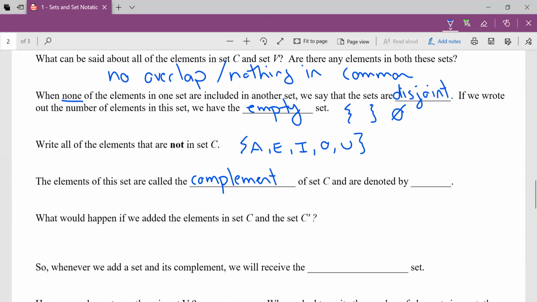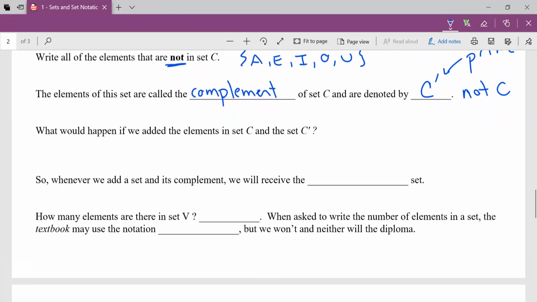This means something different. It means what I'm not looking for, not. And the symbol is, I'm going to say, I don't want C, so I'm going to write C prime. That little tick mark right there is called a prime. So that means not C. I don't want any elements in C. So again, more vocabulary, more notation.